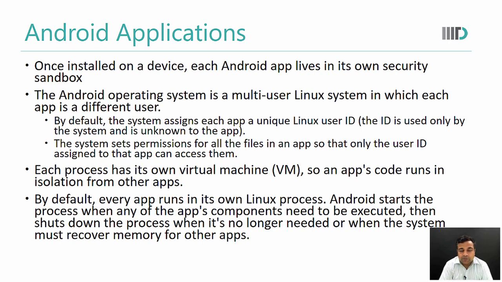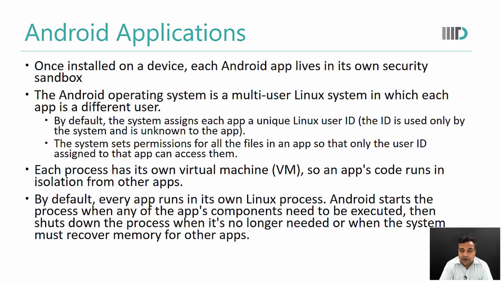And the system sets permissions for all the files in an app so that only the user ID assigned to that app can access them. These are some very sound operating system principles. You may have studied some of them while doing your operating system course. Android applies all of them to ensure that applications run in a limited environment where, if an application crashes or wants to maliciously access data of another application, it is not allowed to impact the system.